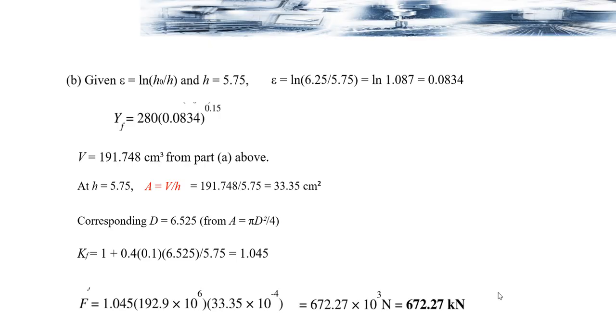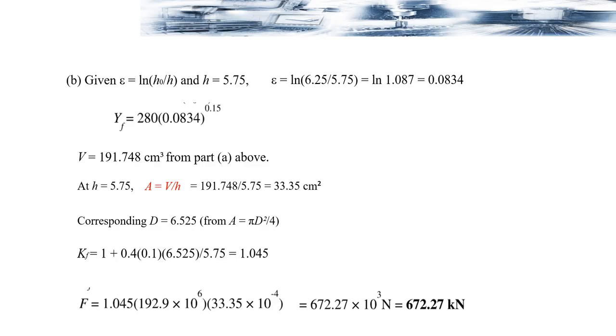Now it's going to be 672.7 kilonewton. You can see that the force has been increased, and that's mainly because the part starts to have strain hardening and becomes more resistant to the compression than before.